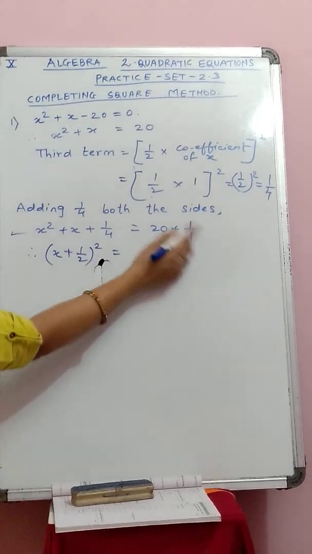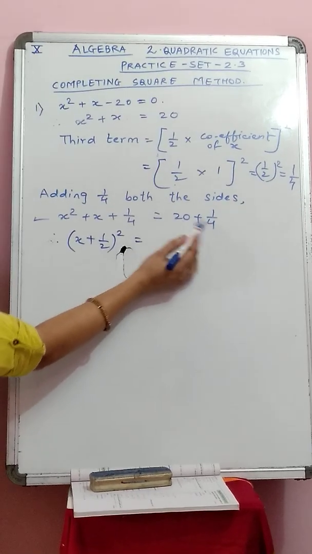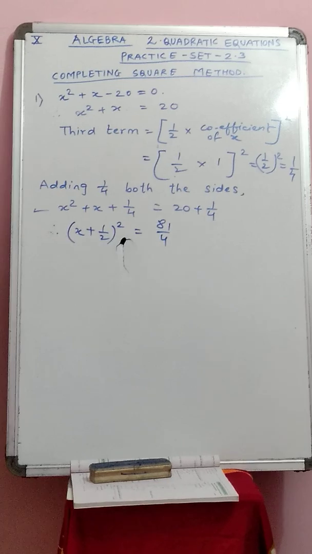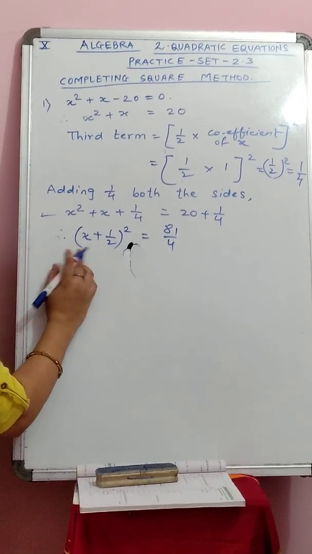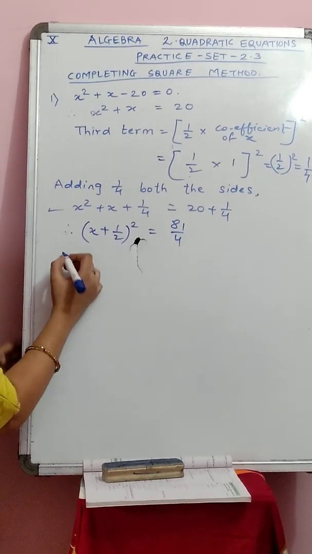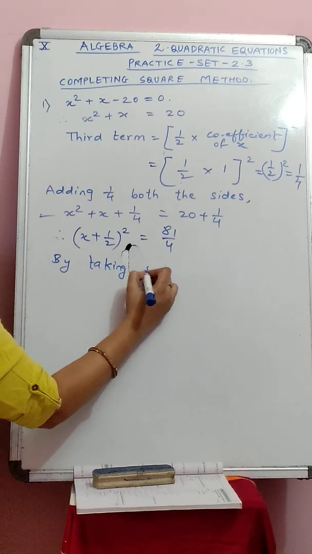It is equal to, you have to solve it by yourself. How can you solve it? 4 into 20, that is 80, plus 1. This is 81 upon 4. Okay, then these two are squares now. You have to find the square roots by taking square roots on both the sides.